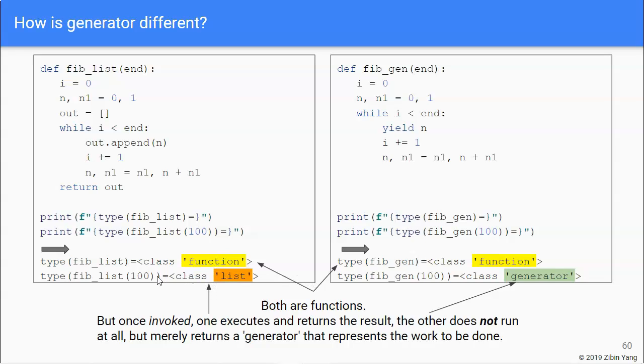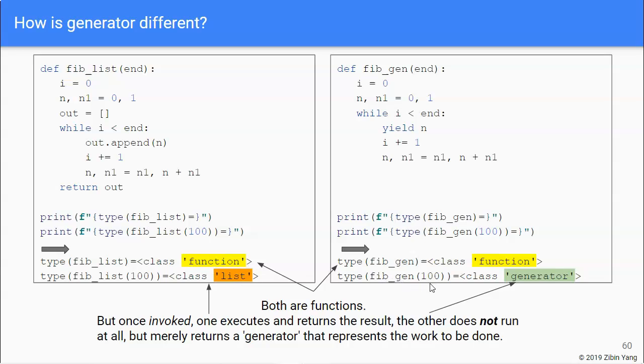In this case, when we call fiblist with a parameter 100 here, we know what it does: it runs and it returns a list. So the type built-in function here is going to give us the type of what this function invocation returns, which is a list.